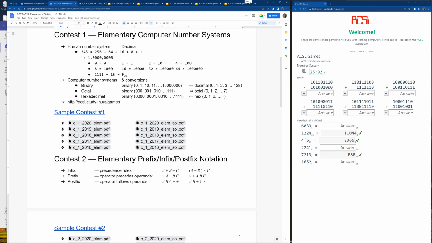So don't worry too much about which operators might show up, because they will tell you if it's outside of the common ones: addition, subtraction, multiplication, and division.